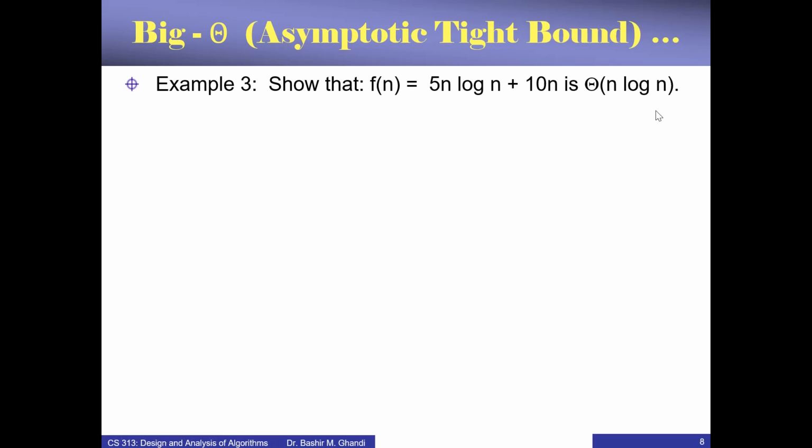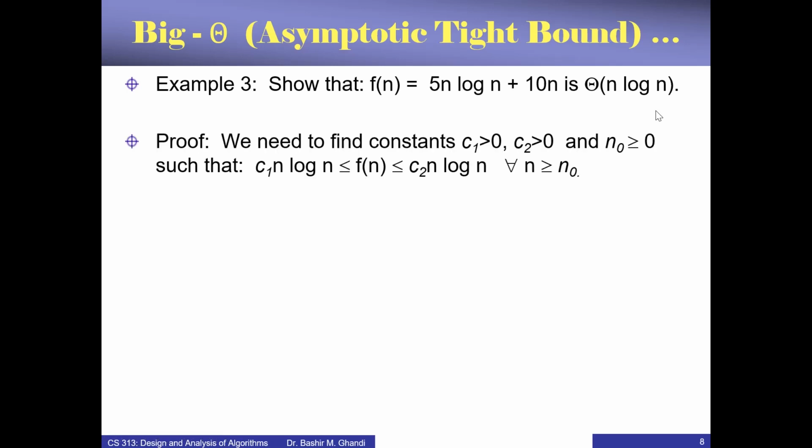So again, to show this, we need to find three constants: C1 greater than 0, C2 greater than 0, and n naught greater or equal to 0, for which these two inequalities are true for all n greater than n naught. So C1 times g(n), so C1 n log n, should be less than or equal to our function f(n), which in turn will be less than or equal to C2 times our g(n), which is n log n.